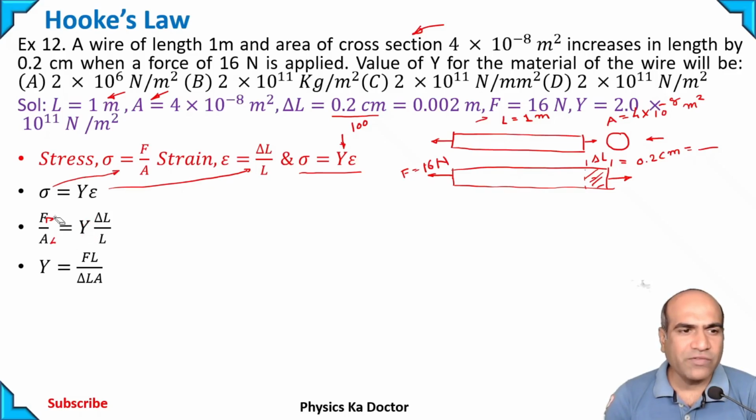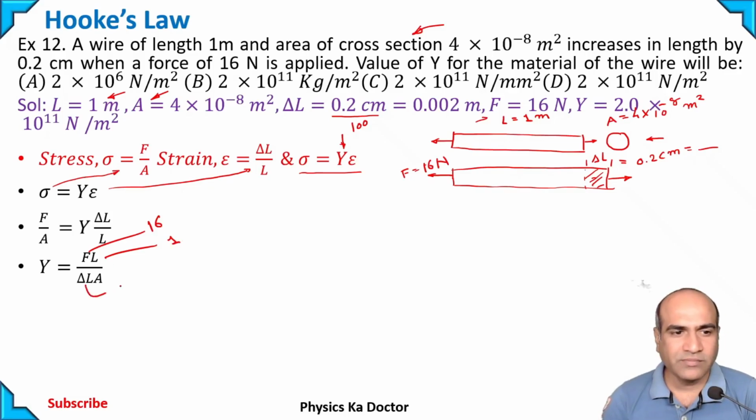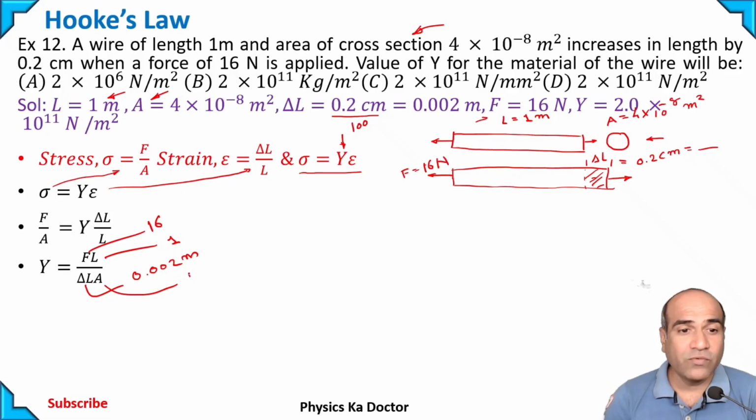Now see, we have everything here. Is F given? Yes, of course, it is 16 Newton. L is given as 1 meter. Delta L is 0.002 meter, and the area is also given, 4 multiplied by 10 power minus 8 meter square.